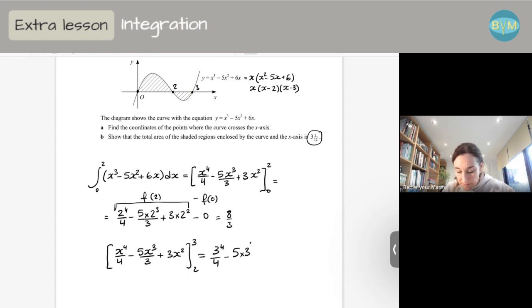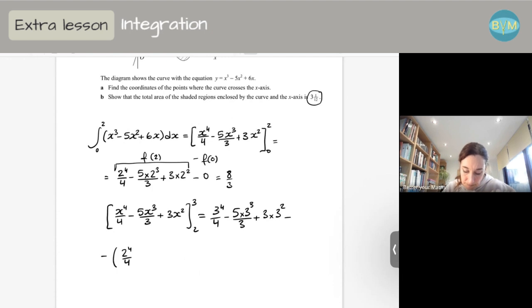Let's substitute the 3, and then we substitute the 2. I get something horrendous. Did you get this value?